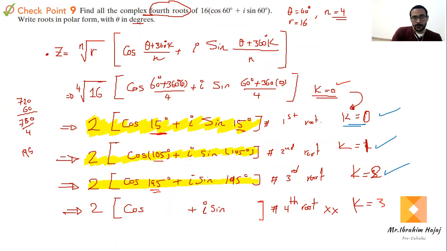So 3 times 360 equals 1080 plus 60 gives 1140. Use your calculator and divide by 4 gives 285. We're still less than 360. When we substituted K equals 4 it didn't work, so it's more than 360.